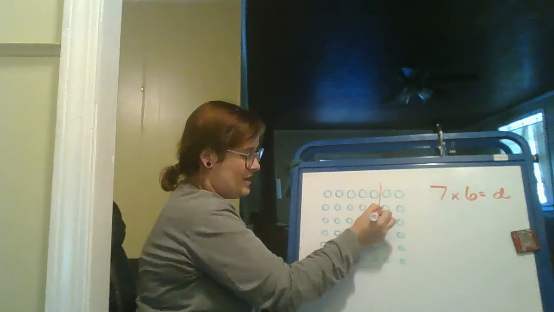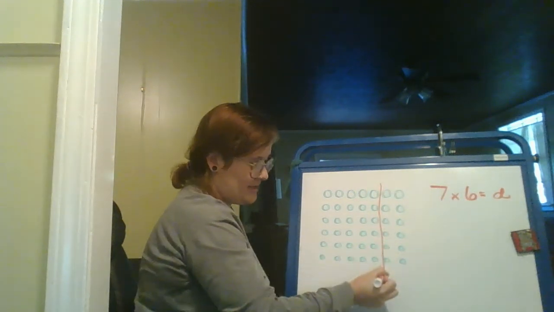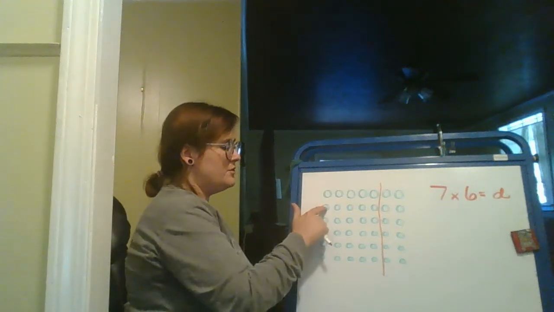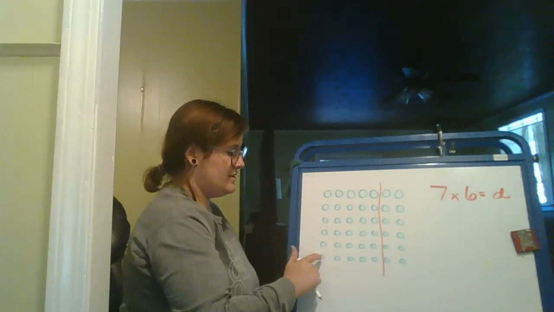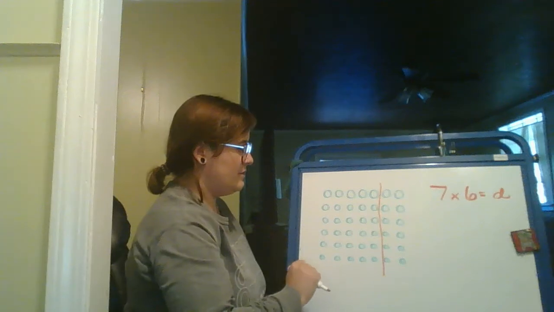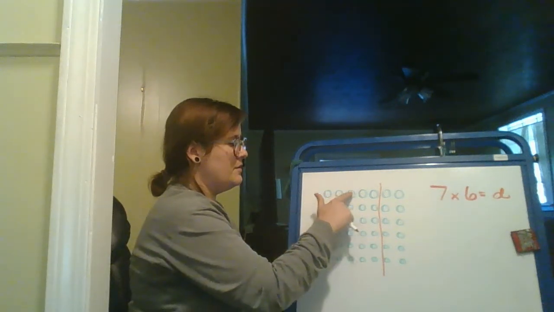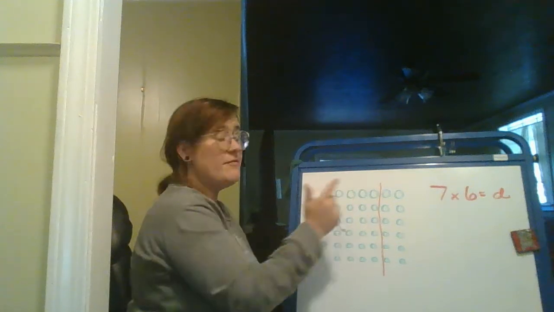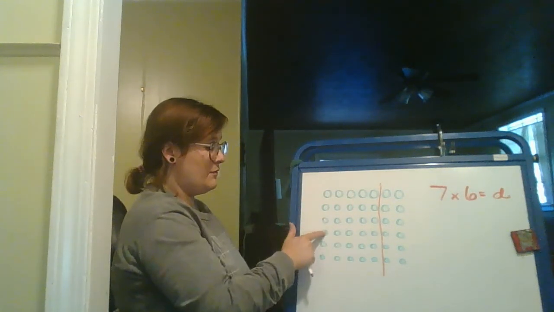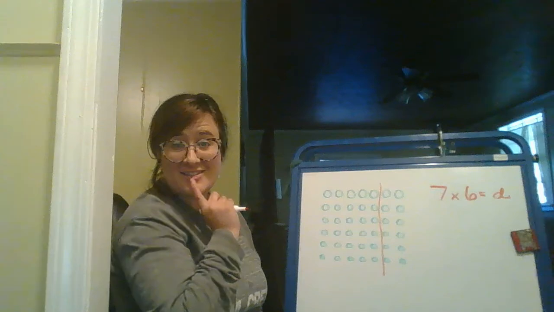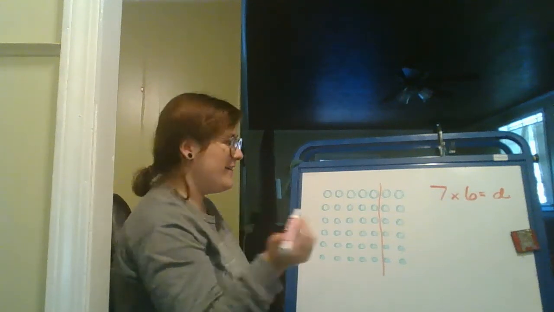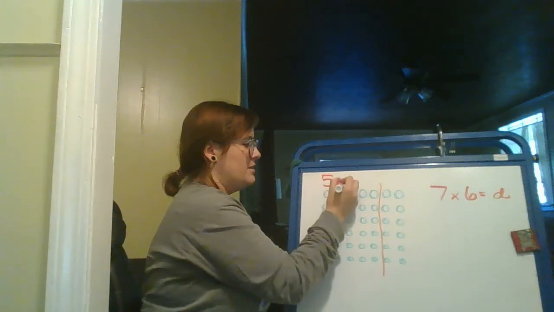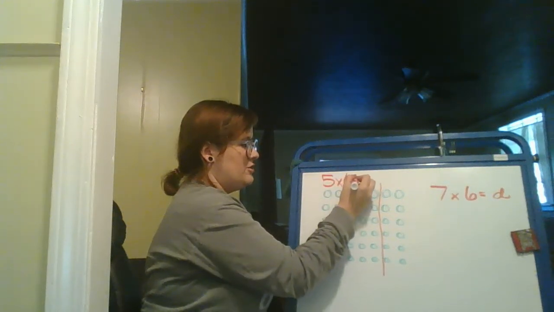I'm going to cut my array right here, just like this. Now I have 6 groups with 5 in each, or 5 groups with 6 in each. I'm going to call this 5 groups with 6 in each.